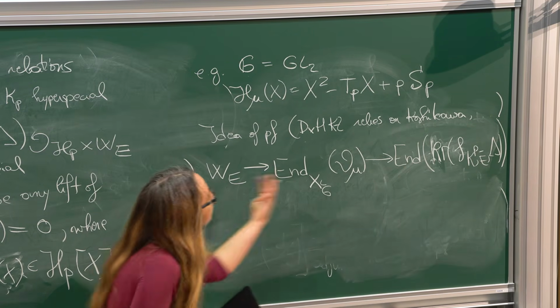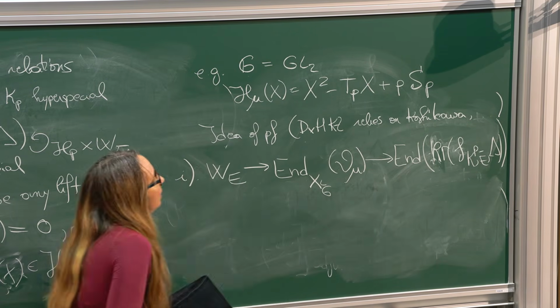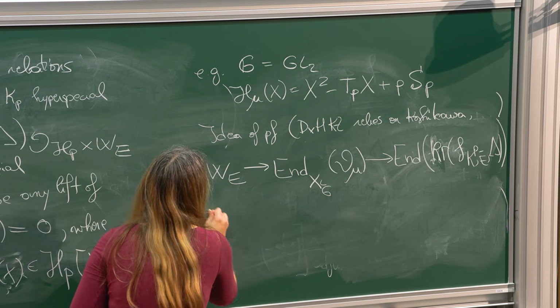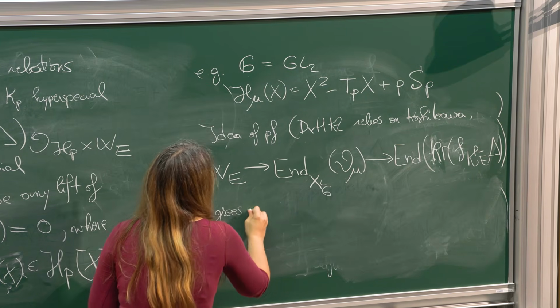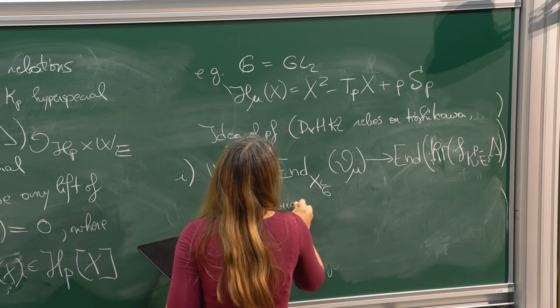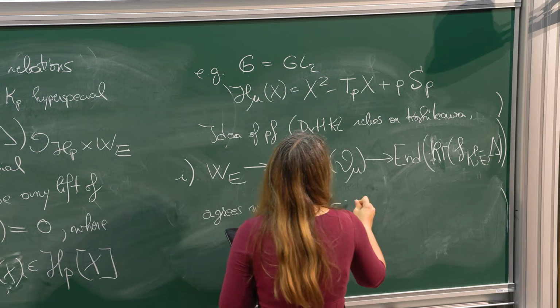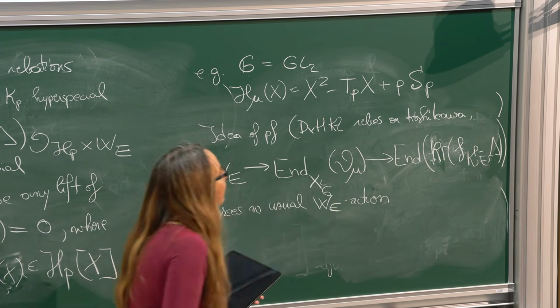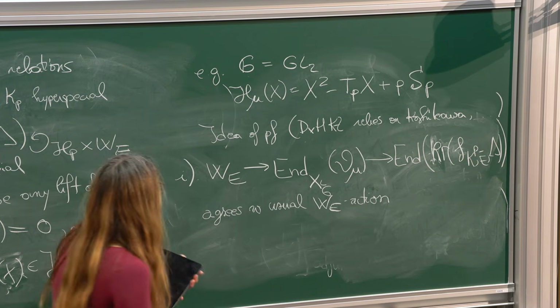So this uses the theorem that I sketched earlier in this talk, and this agrees with the usual geometric Weil group action that you see on the cohomology of the Shimura variety. That's part of this W_E-equivariance.